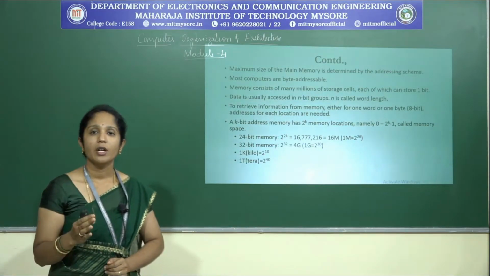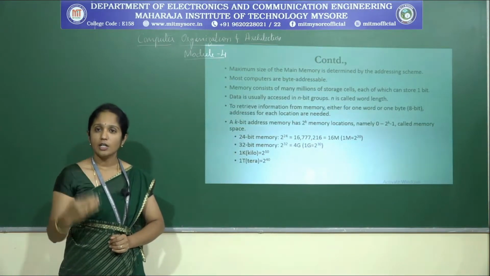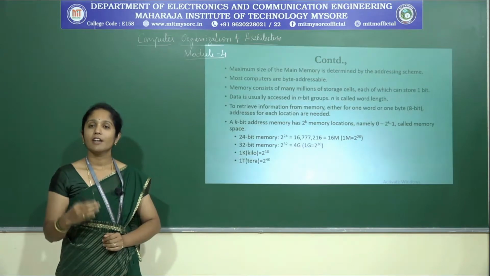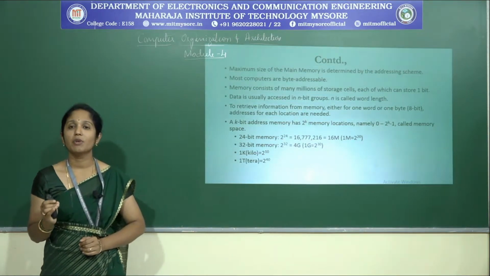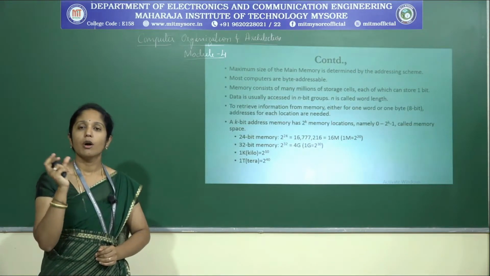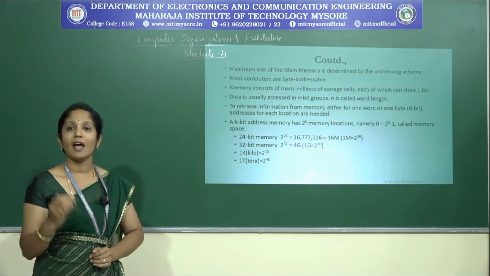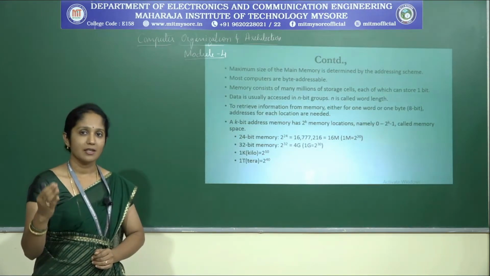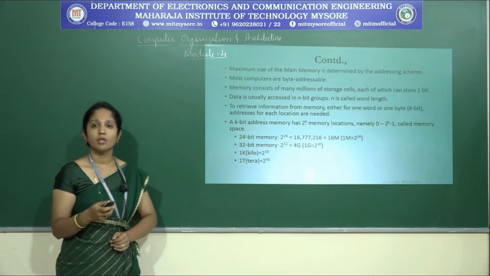Since we have to copy the data into or from the memory, we need to have address locations for each and every byte, or for each and every word. So we should have addresses for all the bytes so that we can access the data. These are all the basics we need to have.